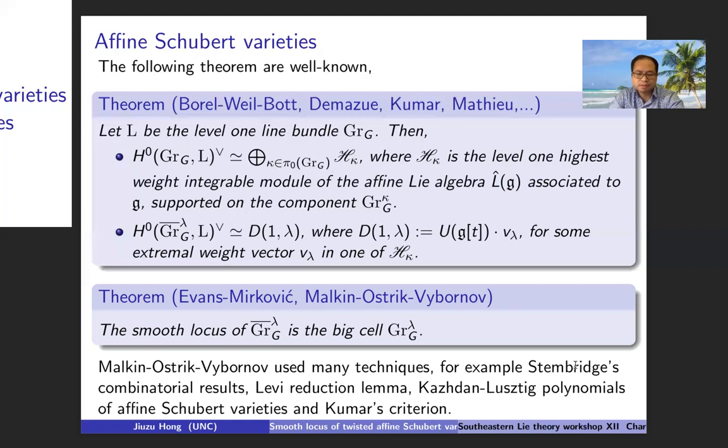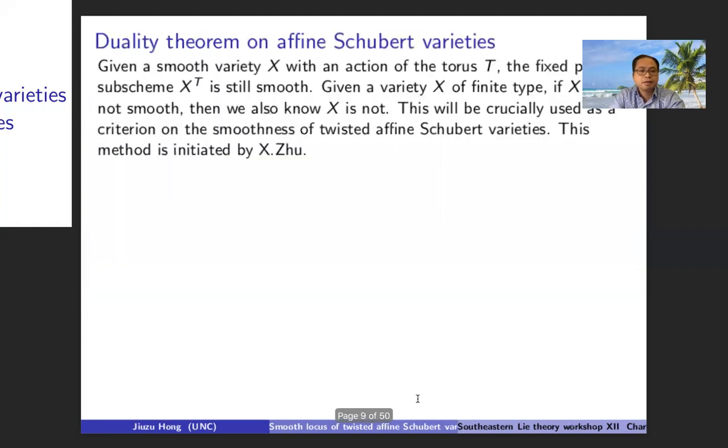For example, they use some combinatorial results on the dominant weights, and they make some Levi reduction, and they use the Kazhdan-Lusztig polynomials of affine Schubert varieties. And they also use Kumar's criterion for smoothness. They combine various techniques.